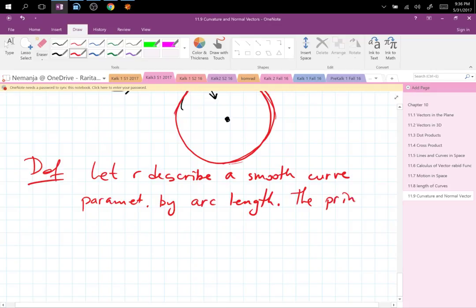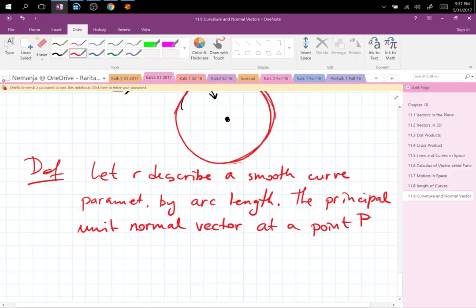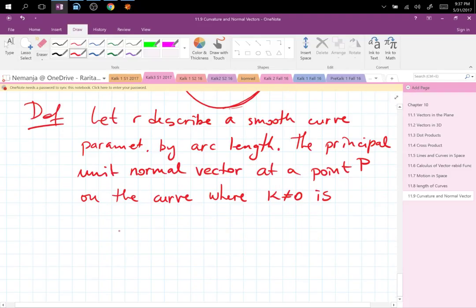The principal unit normal vector at a point P on the curve where curvature is not 0 is given by the normal vector n parametrized by the arc length.